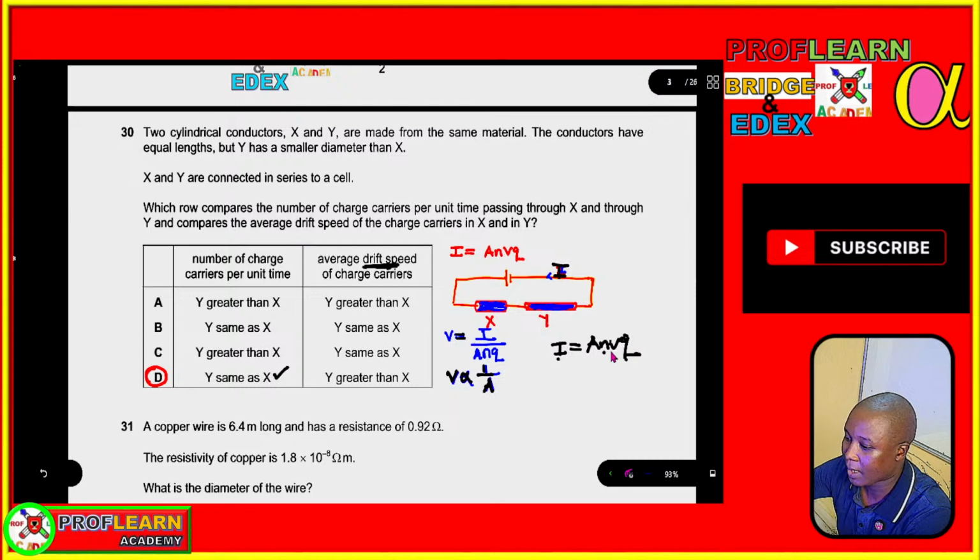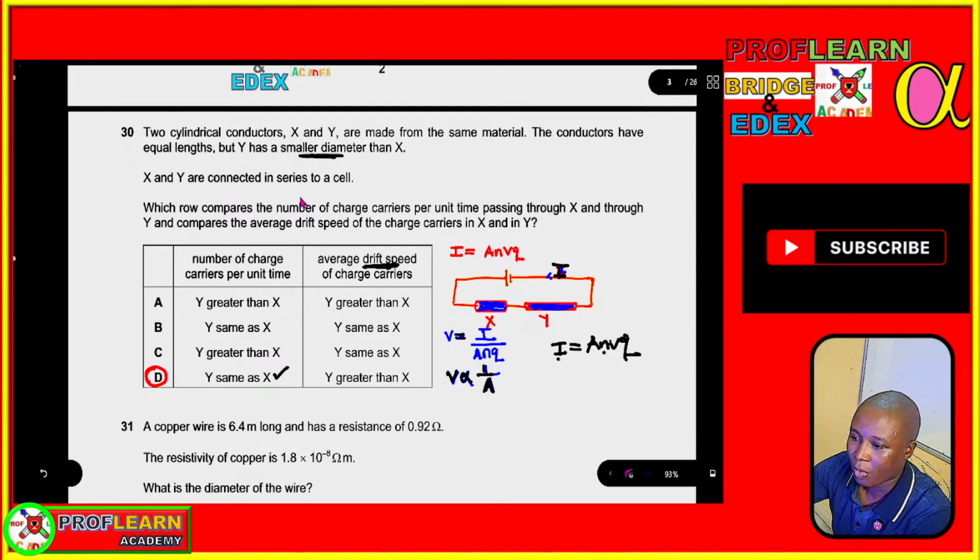It will mean that what is left to vary is the cross-section area. Since Y has a smaller diameter, the cross-section area for Y is going to be small.